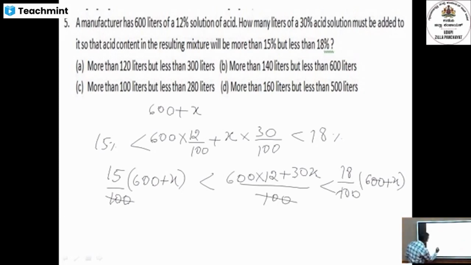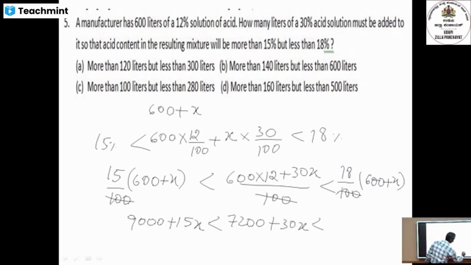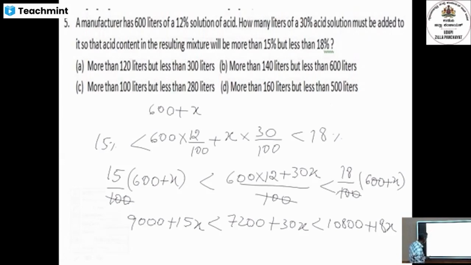So you will be left with 15 into 6, that is 9,000 plus 15x, less than 7,200 plus 30x, less than 18 times 6, that is 10,800 plus 18x. So we will subtract 7,200 everywhere.